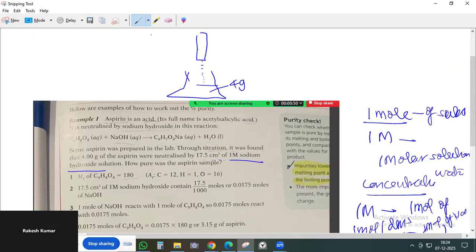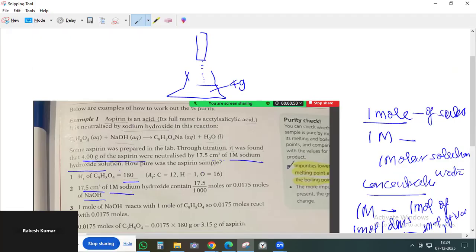So here notice he's given you 4 grams of aspirin, right? He says the Mr of aspirin is so much, and he's also given you the NaOH volume and the molarity.